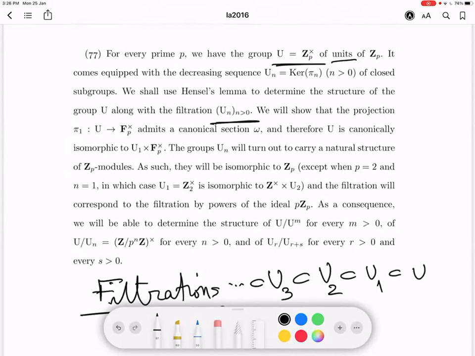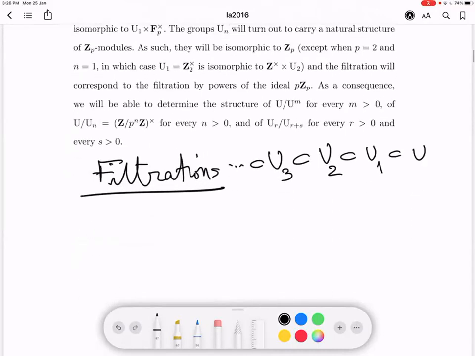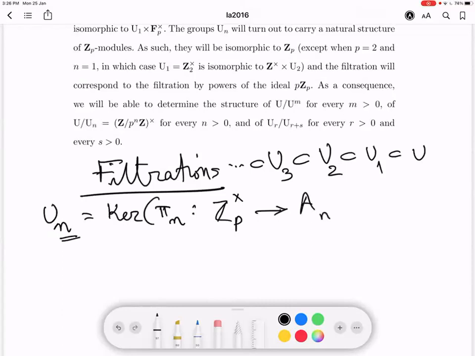Let me define Un. It is the kernel of the map pi n, which you can think of as a map from Zp star to An star.